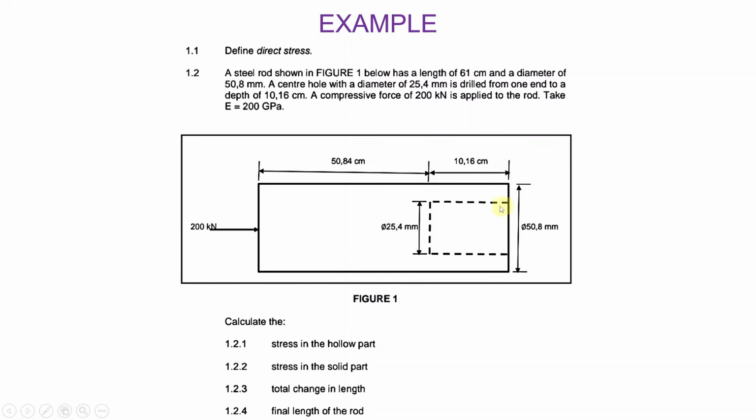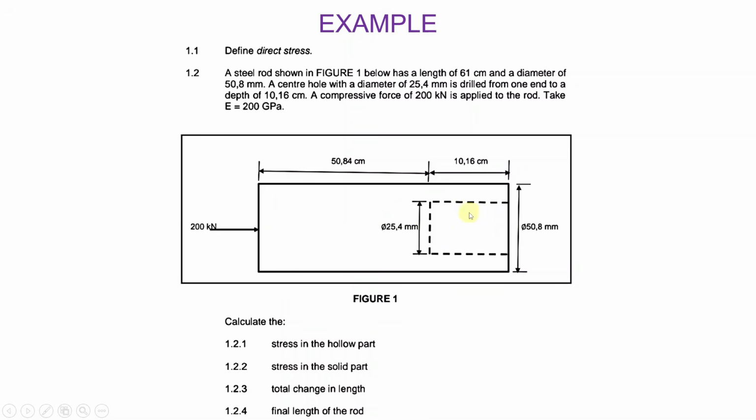But you can see that the hollow part does not go throughout the object. It stops here, so the object is only hollow for a length of 10.16 centimeters, because from here to here, the object is full. It's not hollow on this side.